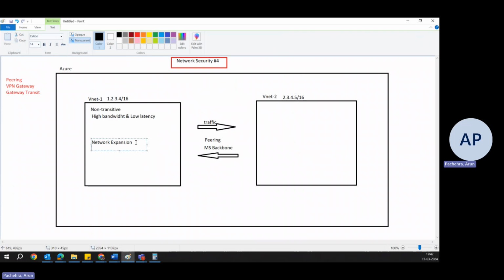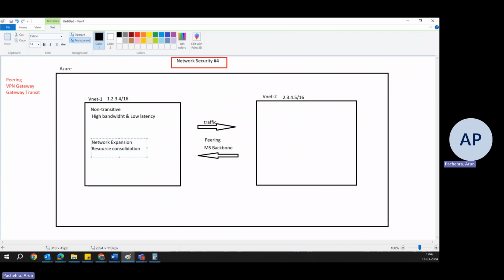Then there could be reasons like companies often have resources spread across multiple VNets for organizational, security or compliance reasons. So you could say resource consolidation is the reason. It could be anything like I told you, the design guidelines or security or compliance. And peering simplifies the management of these resources by allowing them to communicate more efficiently.